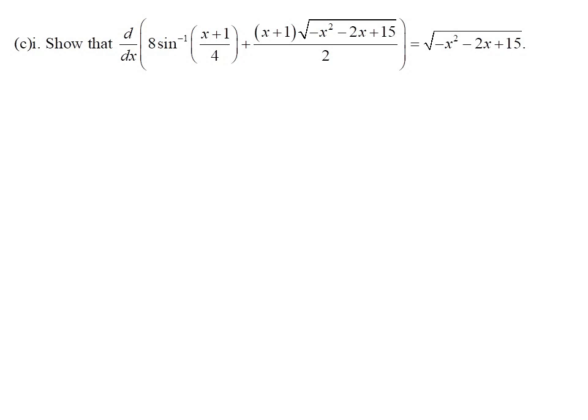Section 1 is to show the differentiation of the function equals the square root of negative x² minus 2x plus 15.